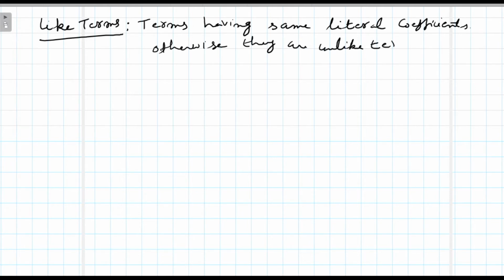So we have two definitions here, like terms and unlike terms. If they have the same literal coefficient, then they are like. If they don't, they are unlike.